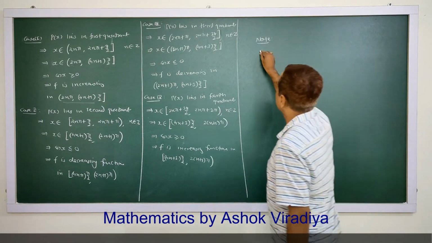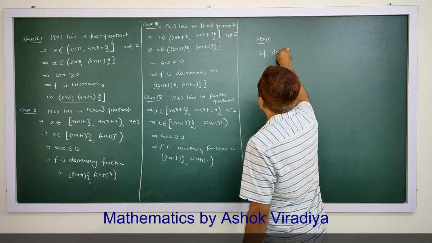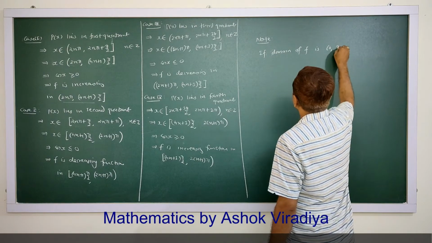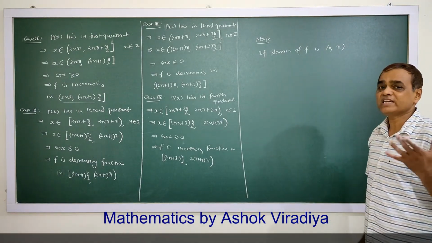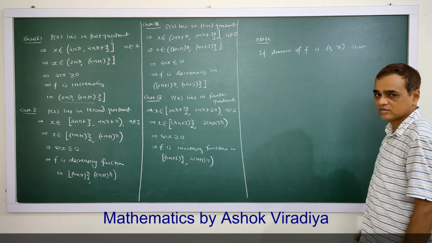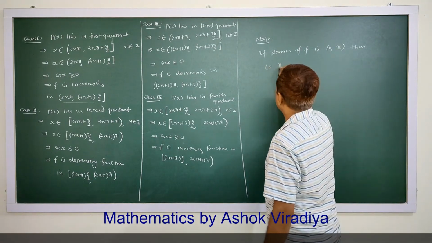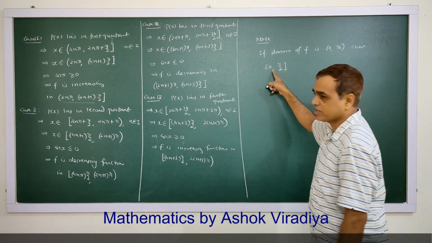If the domain of f is 0 to pi, if this interval is given in the question, then 0 to pi by 2 covers the first quadrant.